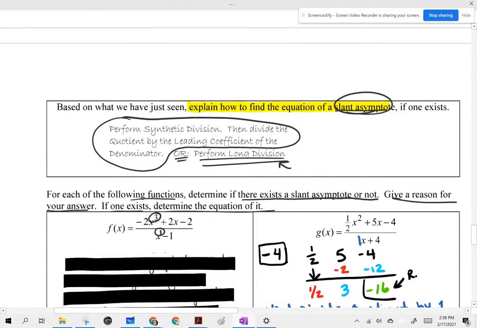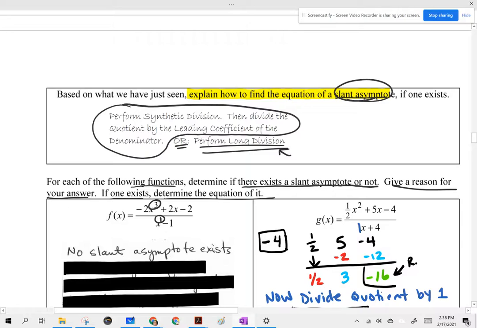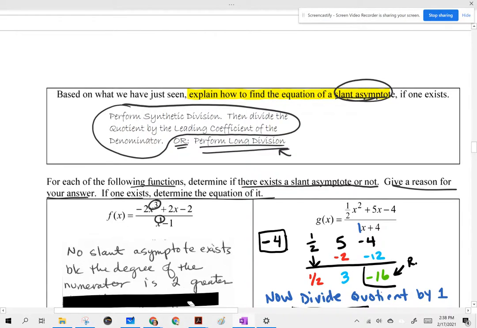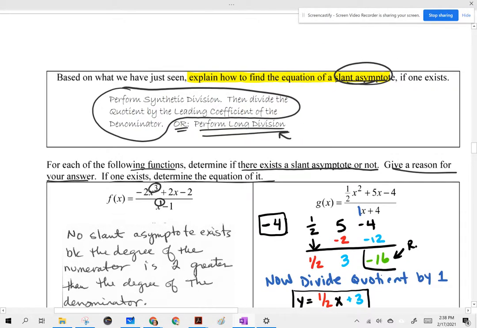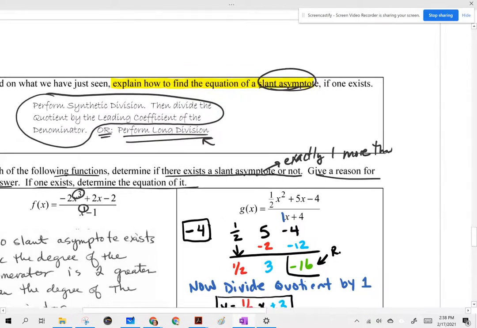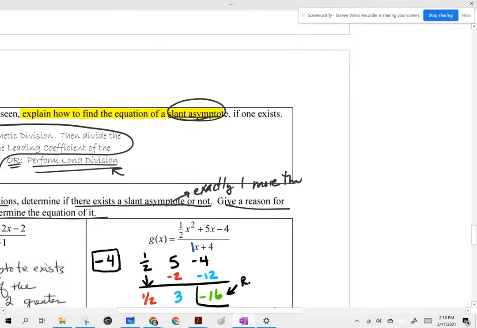And so in this particular case, the slant asymptote does not exist because the degree of the numerator is 2 more than the degree of the denominator. And remember, if there is a slant asymptote, it has to be exactly 1 more. All right, so now let's take a look at this particular problem here.